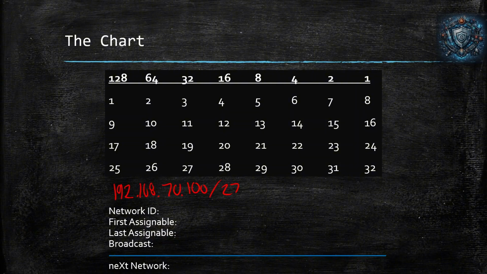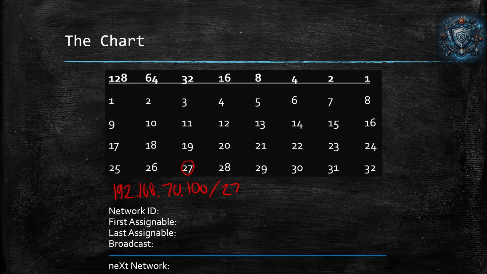Let's say the question asks us to find a subnet mask. How do we find a subnet mask based on the CIDR? We're going to figure out where 27 is. It's in our 4th row. So anything above this, we can basically mark all the bits as being used.